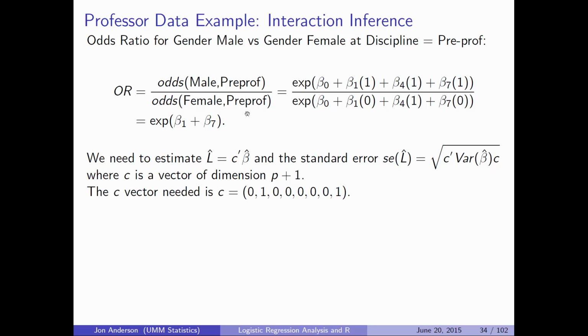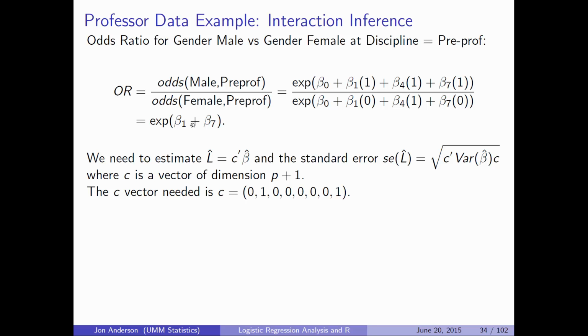In order to get confidence intervals, we need to know the variation of this L hat, and the expression for that will be the list of constant multipliers times the variance-covariance matrix of the beta hat estimates, multiplied by that list of constants again.